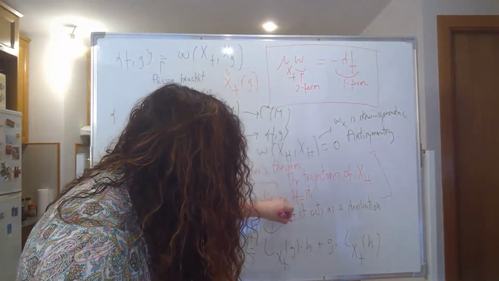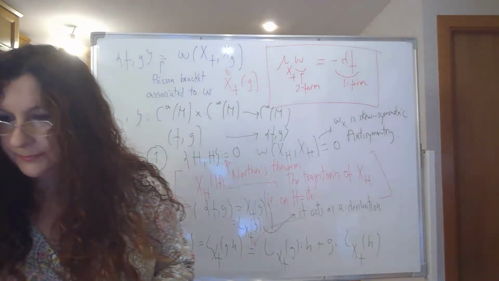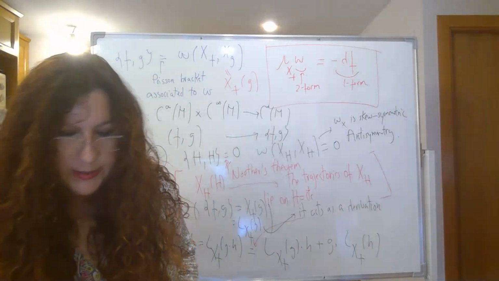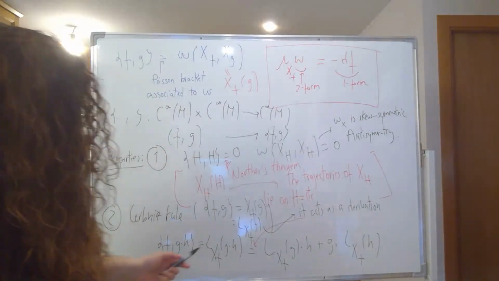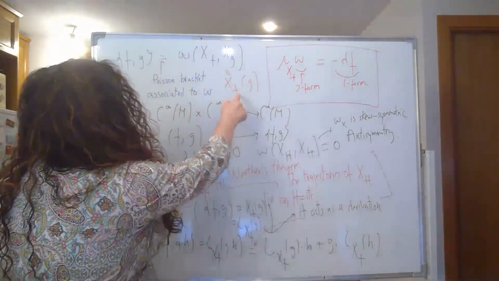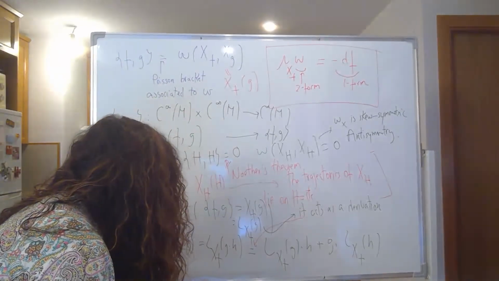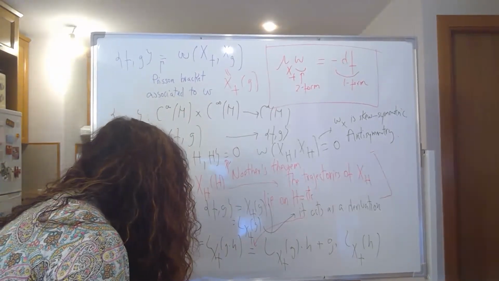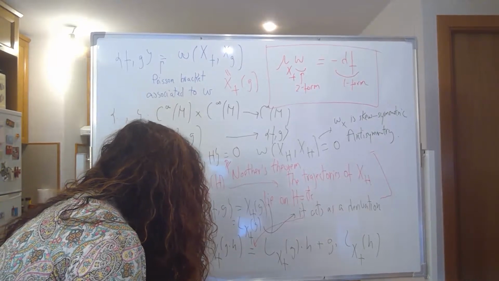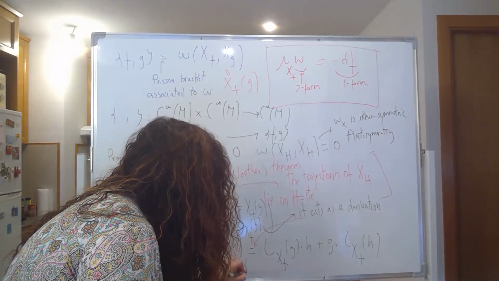Do you agree with me? Okay, so observe now the thing that we can do at this point is to translate back to the definition of bracket. Therefore, this can be written as {f,g}h plus g{f,h}.